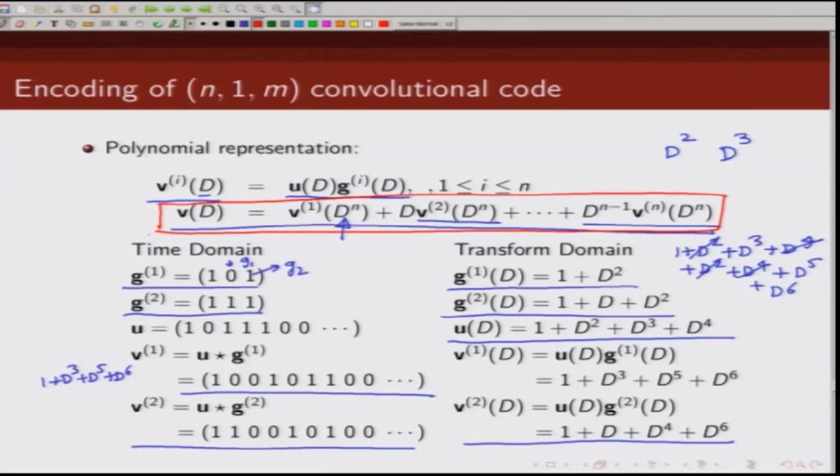So I hope I made it clear why this is d raised to power n, and why each of the parity bits are delayed by 1 power like d, d square, d cube, up to d^(n-1).